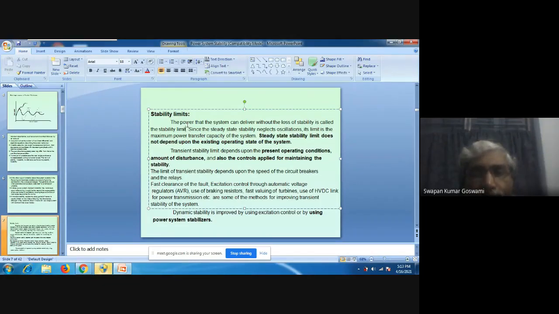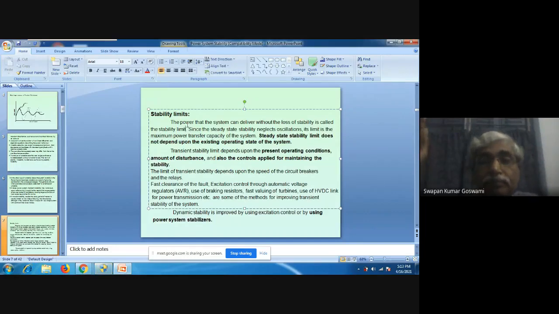In case of very small disturbances, or in case of steady state stability that we have mentioned previously, it is the peak of the power angle curve, because we are ignoring all oscillations. So the limit of power transfer is at angle delta equal to 90 degrees, and at delta equal to 90 degrees, obviously the peak of the power angle curve is reached.